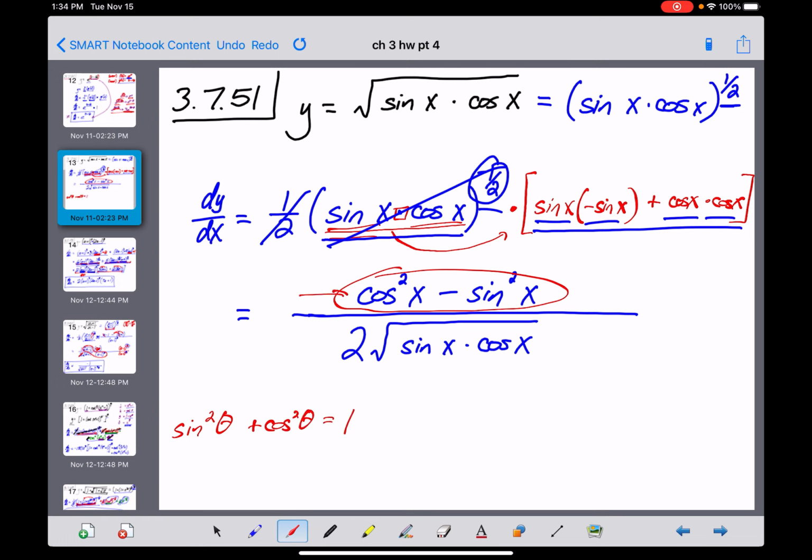So anytime I see an expression with sine squared of x plus or minus cosine squared of x and or a 1 in there, I'm always thinking, can I make a substitution here to simplify that? Unfortunately, guys, you cannot get cosine squared minus sine squared out of this expression. Now, if that were a plus, then yeah, we would cross all of this out and just make it a 1, and that would be a lot simpler.